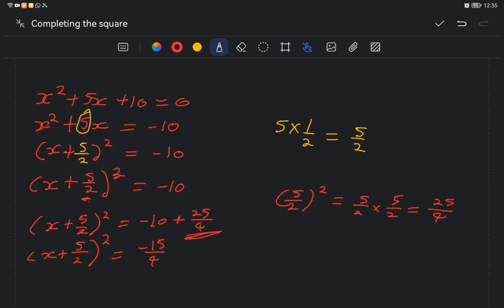And then let's continue and say we have x plus 5 over 2 squared plus 15 over 4 is equivalent to 0.